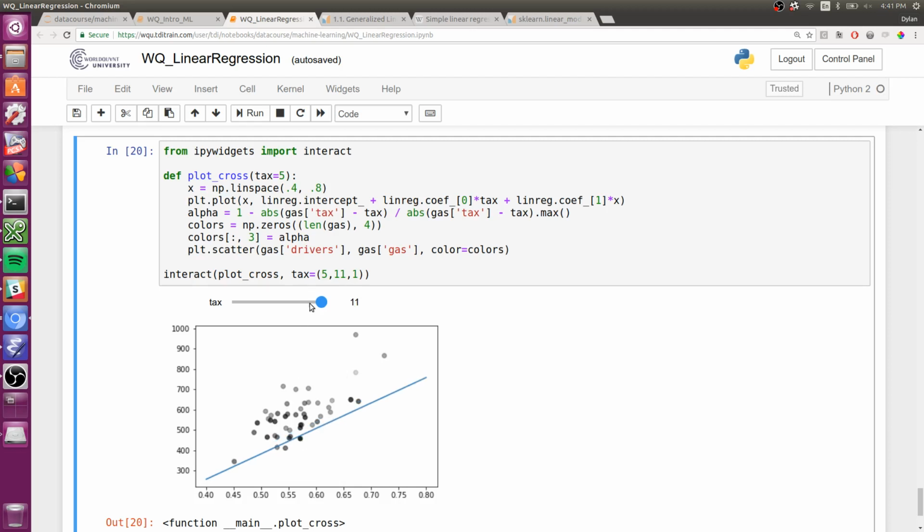While this point is one that has a tax rate much closer to 11%, to the point where when I got down to 5, it actually totally disappeared. So when I got to 8, a point appeared here. And as we look through these cross sections, maybe not the intercept, but we see the line changing as we look through different cross sections of that plane.